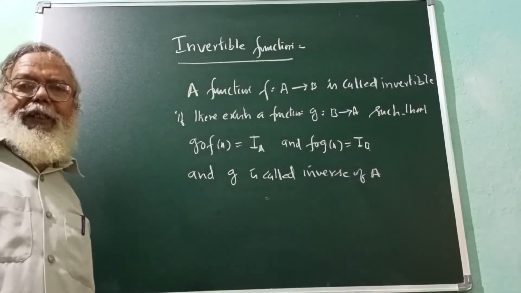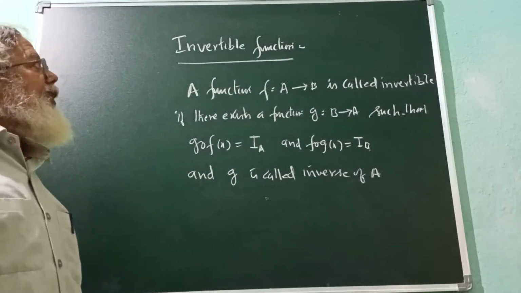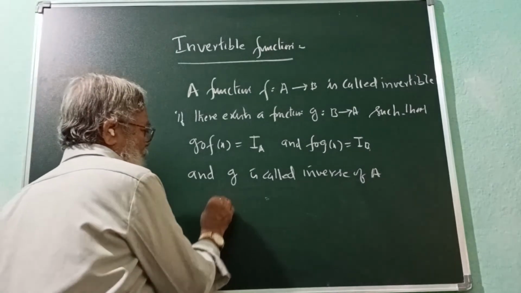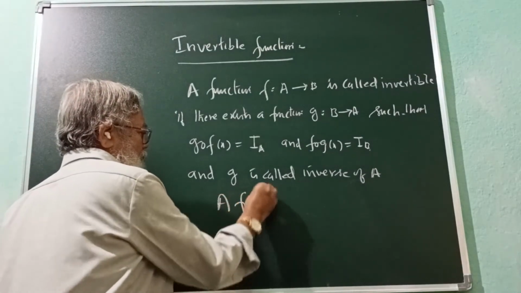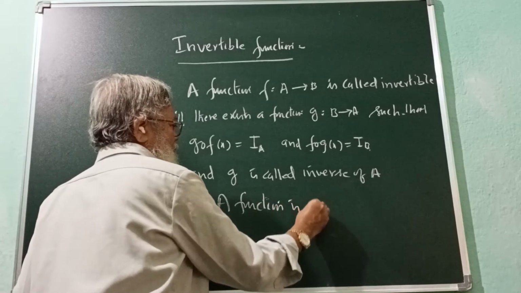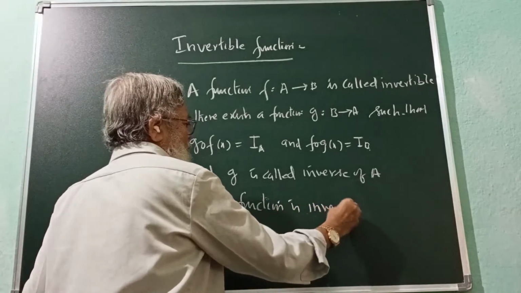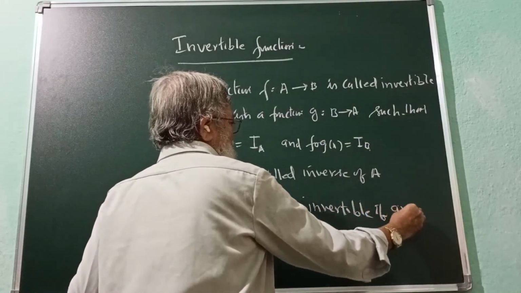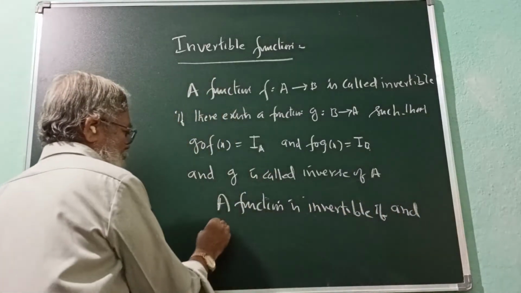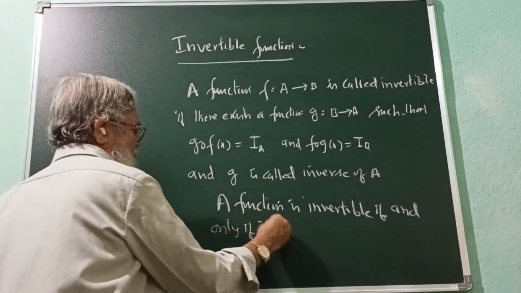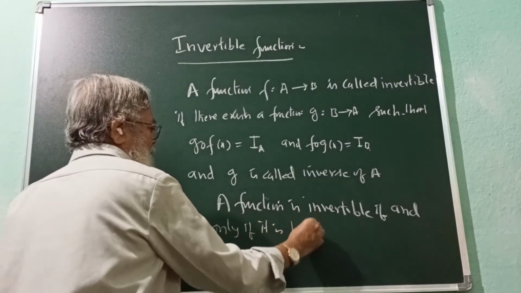If it is not one-one and onto, it is not invertible. So let us write it in one sentence: a function is invertible if and only if it is both one-one and onto.